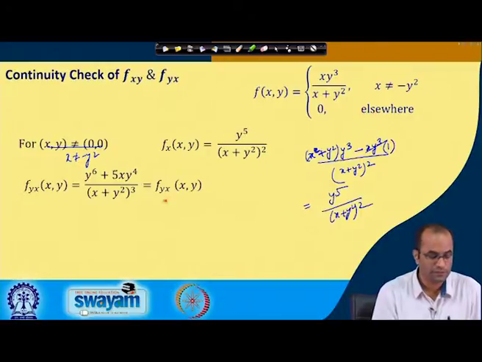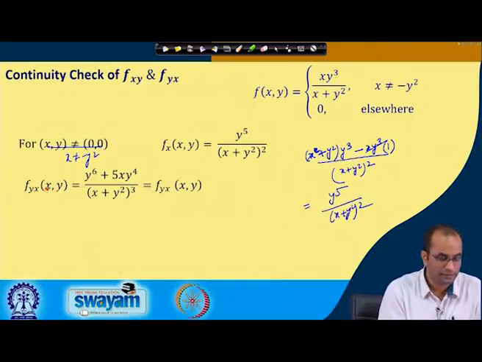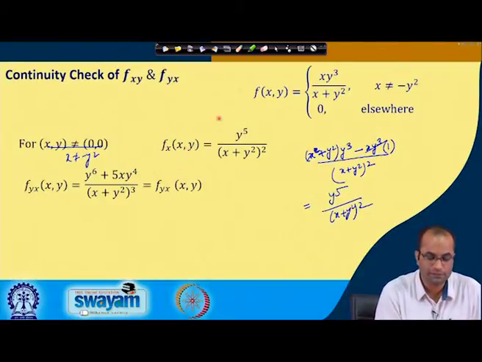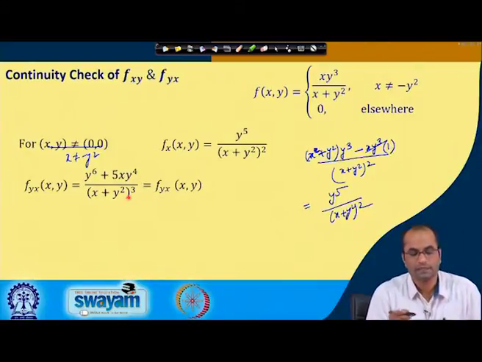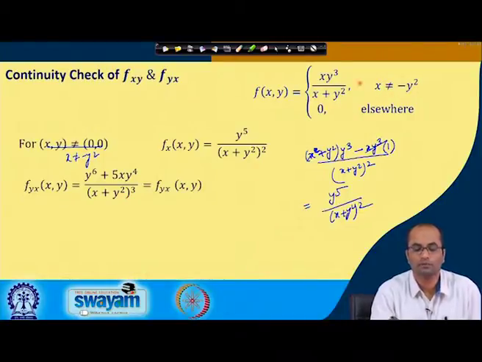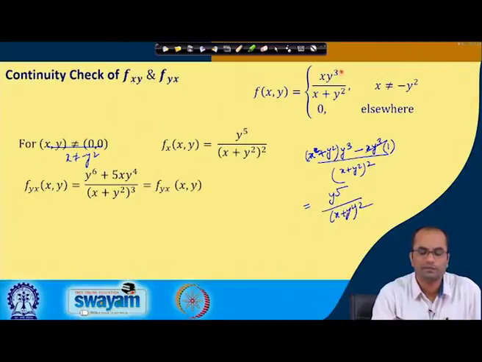Now, we have to also compute at other points. So, first of all we should note that if we compute the partial derivative first with respect to y and then with respect to x, we will get the same quantity as before. The reason is clear, because when x is not equal to minus y square, we have this nice function which is certainly continuous, we can prove that.